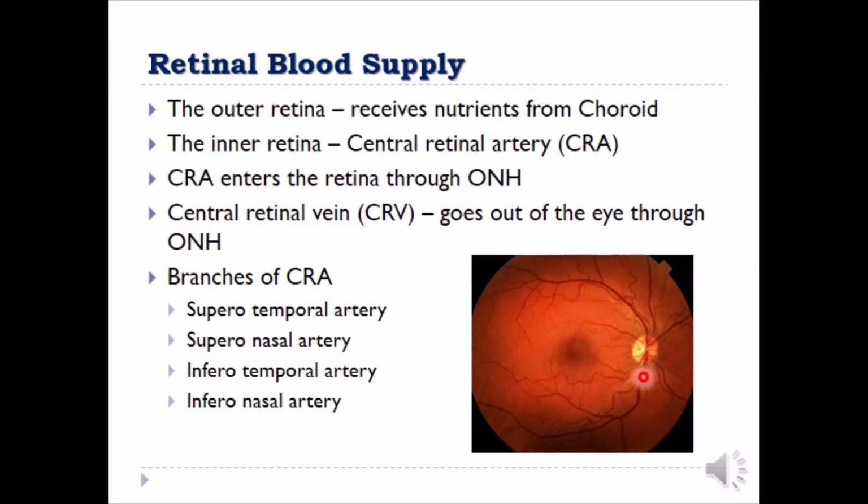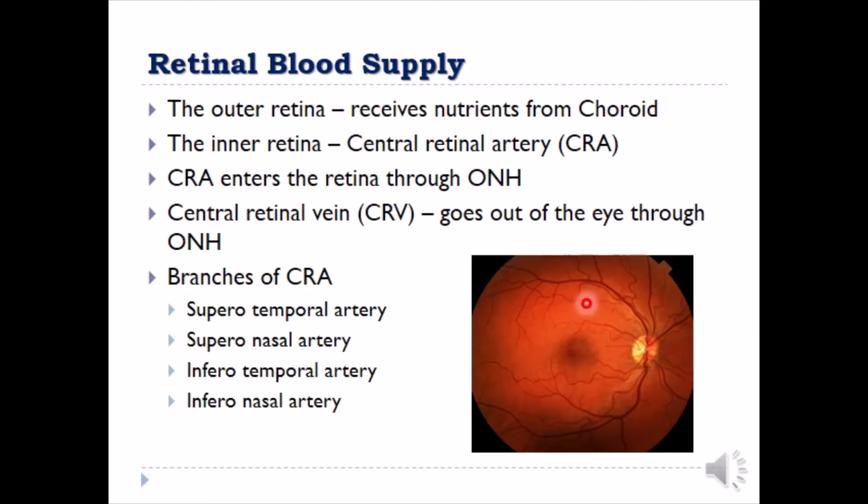It comes to the retina through the optic nerve head, and we cannot see any part of our body that has only arteries. Wherever the arteries are there, there will always be veins, because arteries bring the oxygenated or pure blood to the site, and the veins collect the deoxygenated or impure blood out of the site.